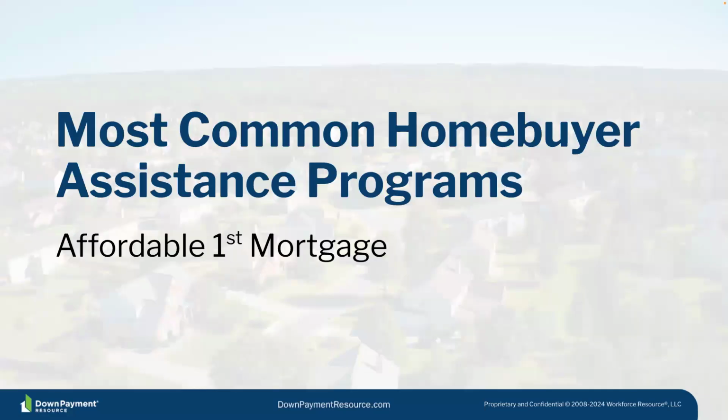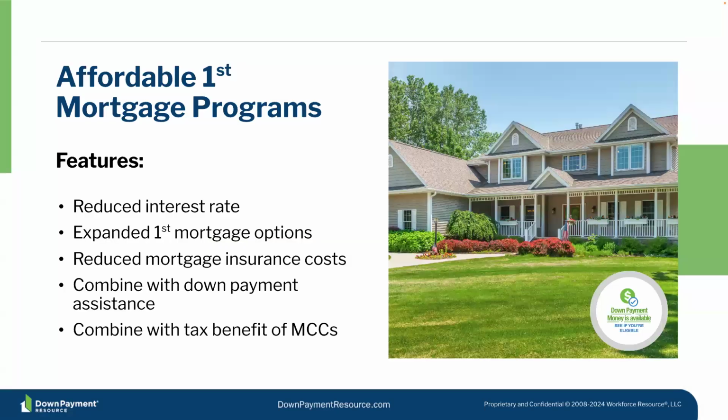Now we'll take a look at another of the most common homebuyer programs, the Affordable First Mortgage. Affordable first mortgages are additional mortgage options typically only available through a state or local housing finance agency. The most common benefits you'll see are below market interest rates, reduced mortgage insurance costs, and allowances for higher loan to value.